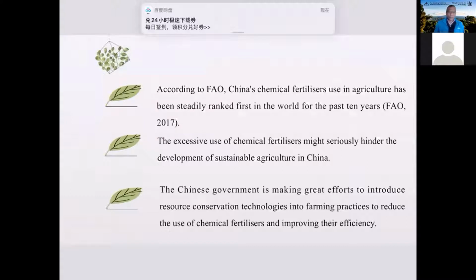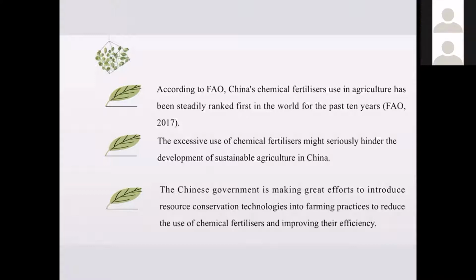In the first part of the report, I'm going to begin with general comments concerning fertilizer use and agricultural development. As you know, many developing countries have relied on fertilizer to increase agricultural productivity in the past. For example, according to the Food and Agriculture Organization, China's fertilizer use in agriculture has steadily ranked first in the world for the past 10 years.